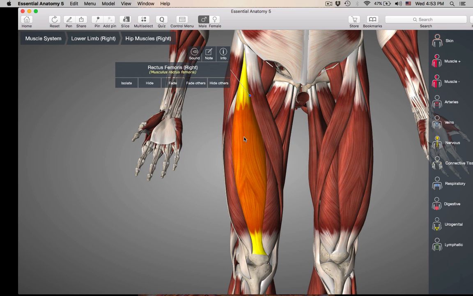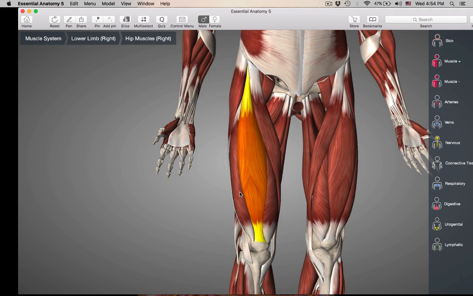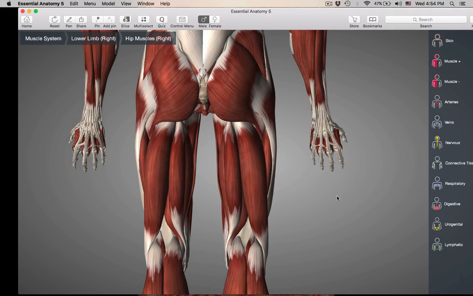So for you guys, those are going to be your main hip flexors. So if these are hip flexors and these are all anterior muscles, we would expect our hip extensors to be where? On the opposite side, and they are.